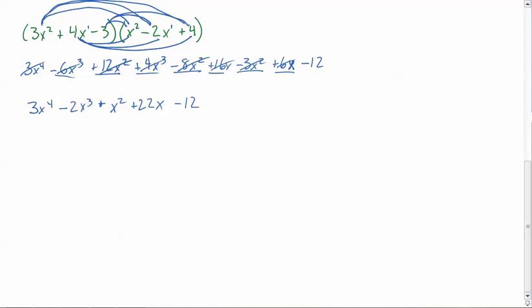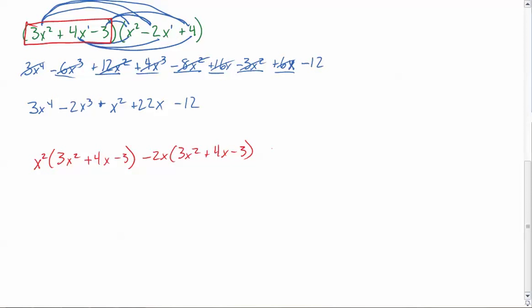Okay, now, next way to do this, you can actually do it by distribution, just like we did with the last one. So if you want, you can distribute this whole thing to each of those terms. And so in other words, you're going to end up with x squared times 3x squared plus 4x minus 3. And then you're going to go minus 2x times 3x squared plus 4x minus 3.